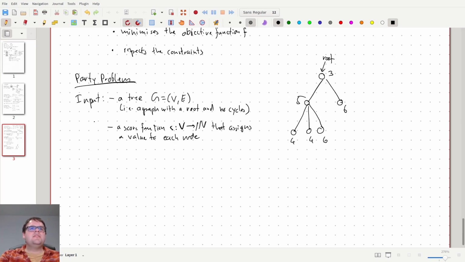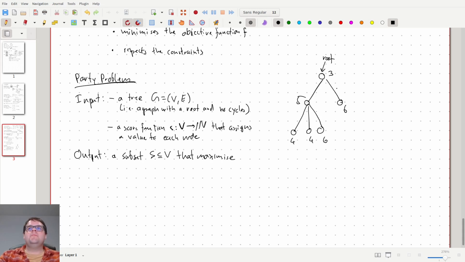So how do we express this a little more formally? Well, the output is going to be a subset of nodes, S subset of V, that maximizes the total score.